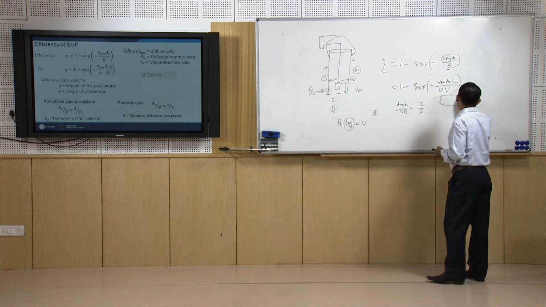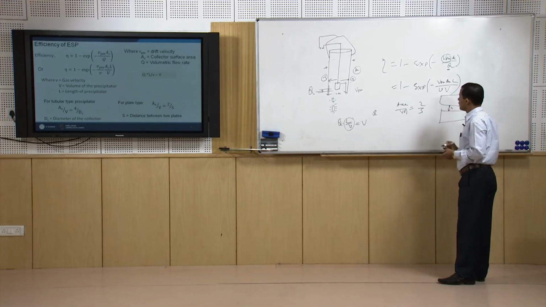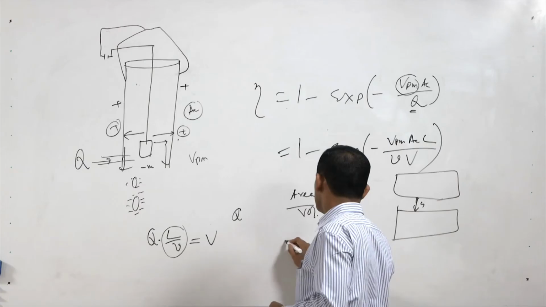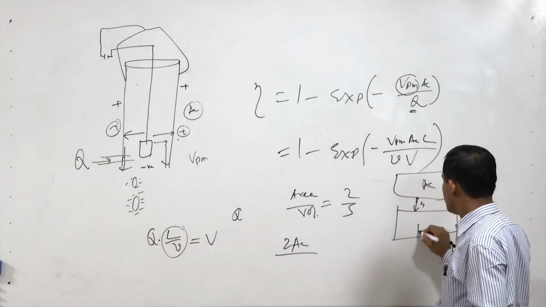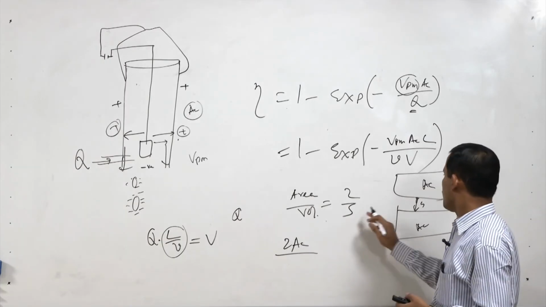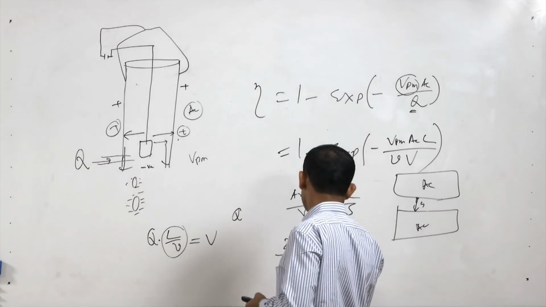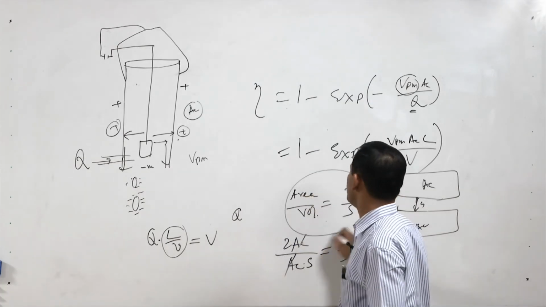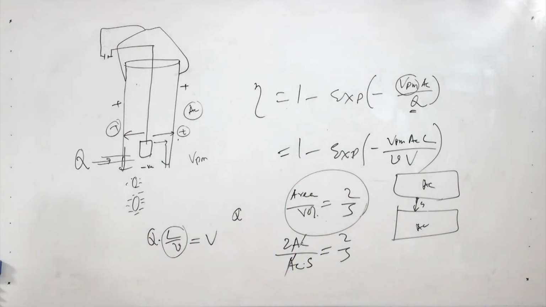We have two plates with distance S between them, so the collecting area is 2 into AC, and the volume is AC into S. So, area by volume is equal to 2 by S.